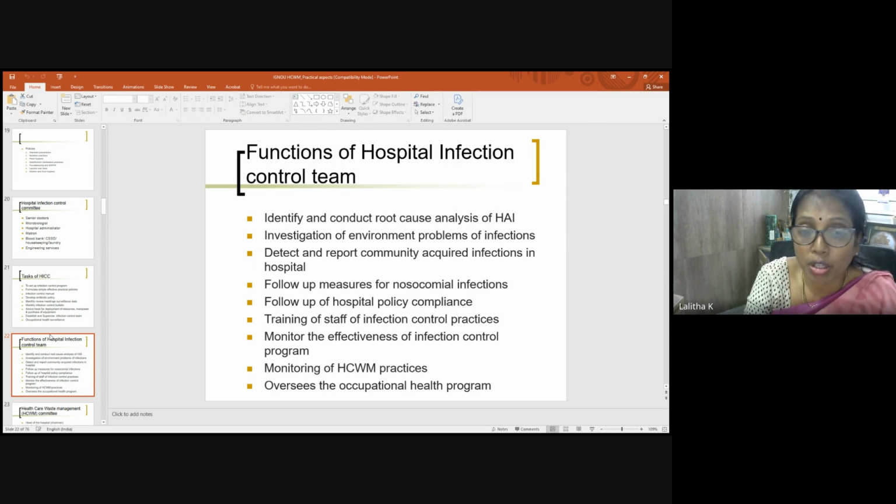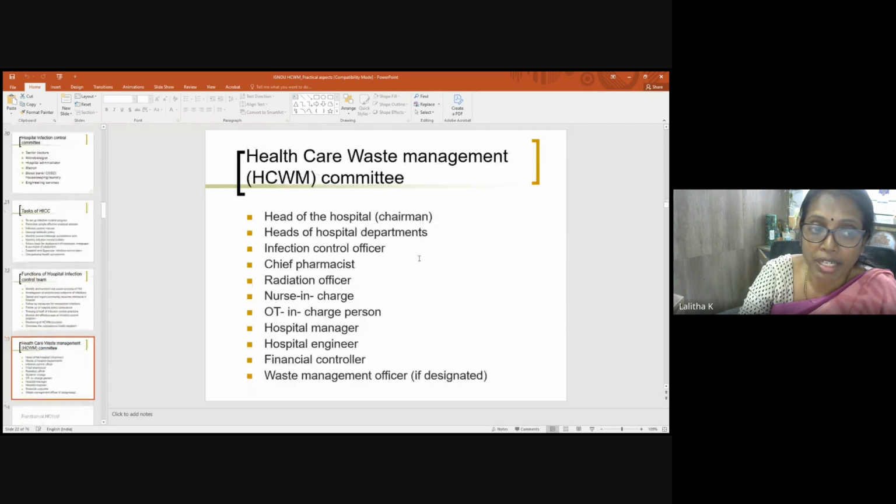Their responsibility also is to train the staff on infection control practices and monitor any good program or good measures, to see how effectively it is working, and also to oversee the occupational health program, to see whether all the people are being vaccinated, whether they have been adequately trained, and whether they are using PPE. All these things are the responsibility of the hospital infection control team.